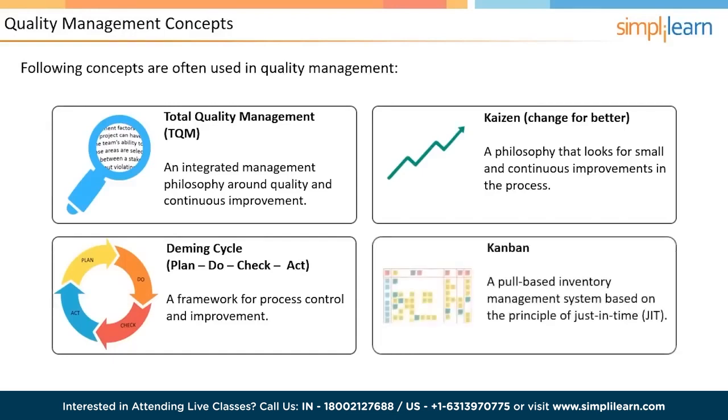Kanban is a pull-based management system that originated in Japan, based on just-in-time (JIT) inventory management. The idea behind Kanban is to minimize the work in progress and achieve a smooth flow in the process from start to finish, because building up inventory only to paper over the imperfections in the system tends to hide the problems. In the next screen, let us focus on cost of quality.